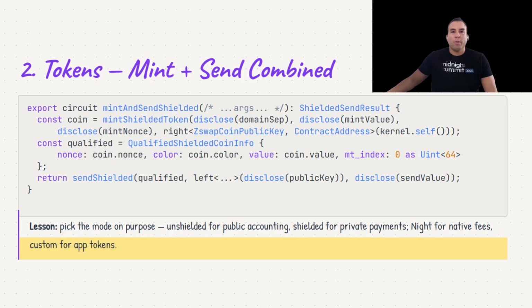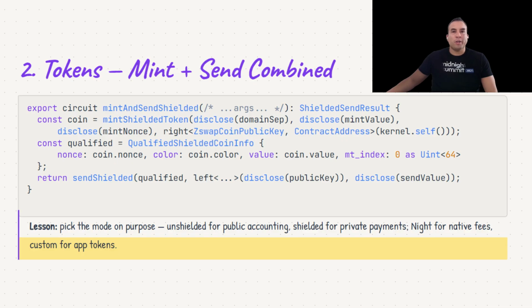Step 2, convert that fresh note into a QualifiedShieldedCoinInfo by building the struct manually. And we set mt_index to 0 because the coin is fresh and hasn't been added to the Merkle tree yet. Step 3, sendShielded forwards that qualified coin to the real recipient.